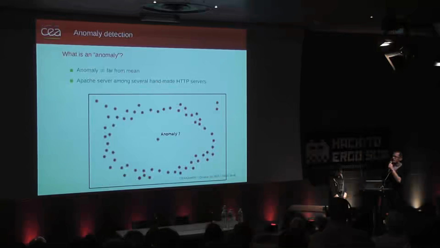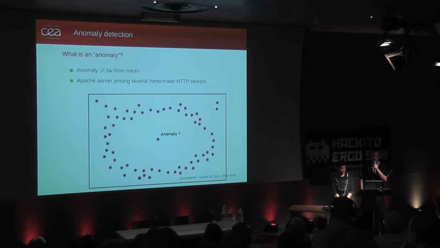Okay, so the last algorithm we will speak about is anomaly detection. Why anomaly? Because an anomaly is not something that is far from the mean. Here you have a picture where the anomaly is exactly the mean. So we cannot just take all the points and say, okay, the point which is the farthest from the mean is an anomaly.